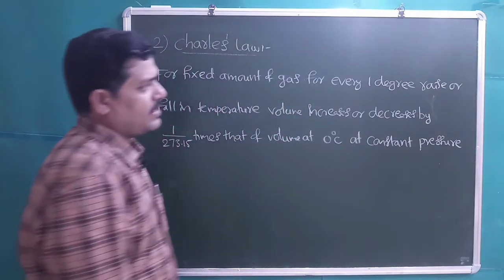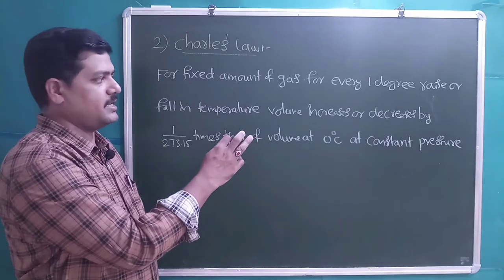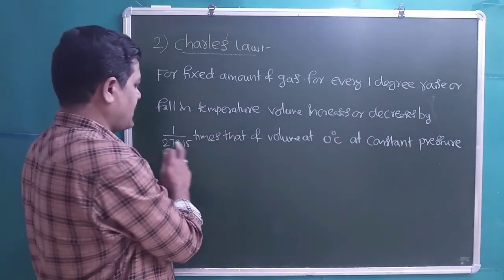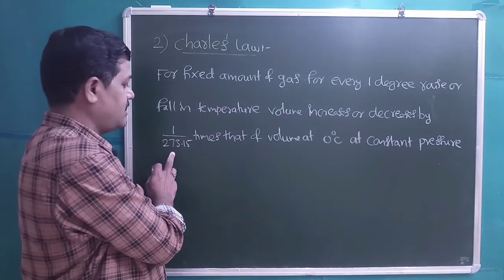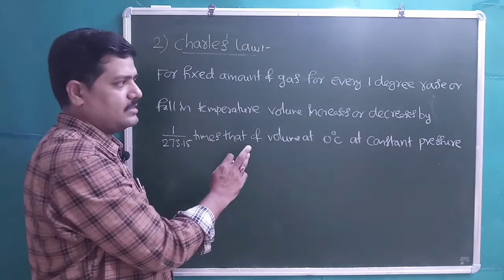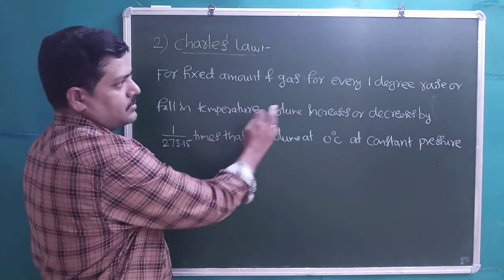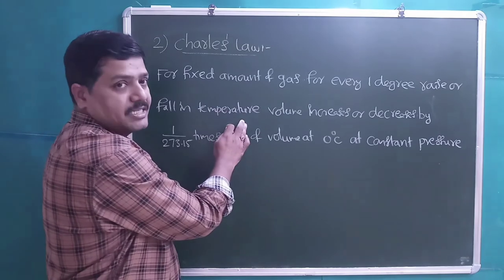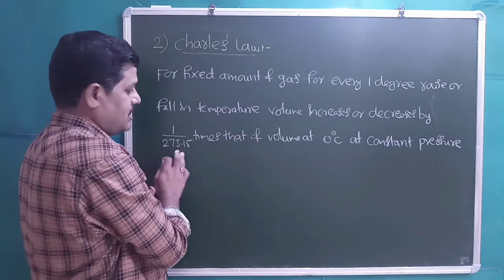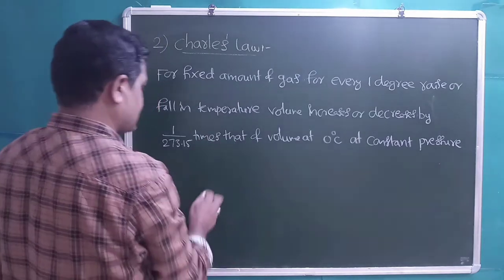For every 1 degree rise in temperature, volume increases by a factor of 1 by 273.15 times that of the volume at 0 degrees Celsius. If temperature is decreased, for a fall in temperature, volume decreases by 1 by 273.15 times that of the volume at 0 degrees Celsius.